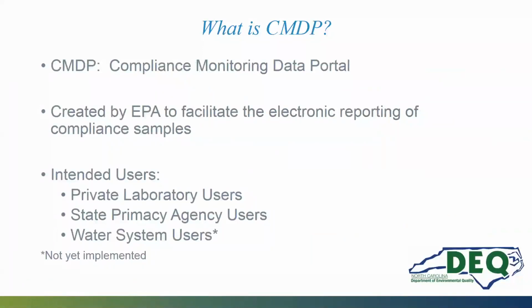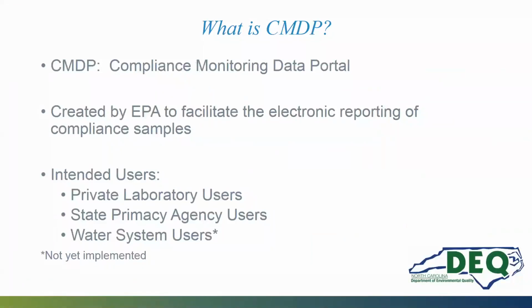With this transitioning to CMDP, I'd like to talk to you guys about what CMDP is. CMDP stands for Compliance Monitoring Data Portal. This application was created by EPA, the Environmental Protection Agency, to facilitate the electronic reporting of compliance samples.